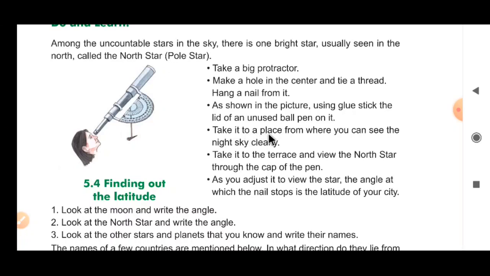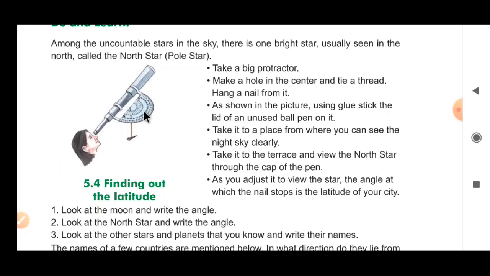Take it to a place from where you can see the night sky clearly. Take it to the terrace and view the North Star through the cap of the pen. As you adjust it to view the star, the angle at which the nail stops is the latitude of your city. Here one picture and one activity are given.